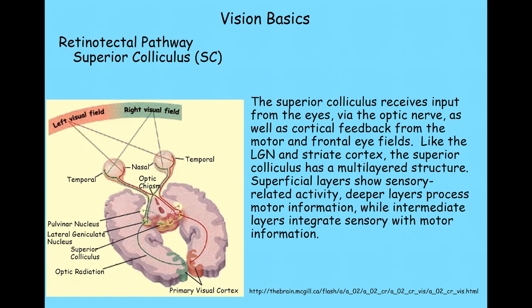Superficial layers show sensory-related activity, so visual-related activity primarily, but there's also somatosensory and I believe olfactory. Deeper layers process motor information, while the intermediate layers integrate sensory and motor information.